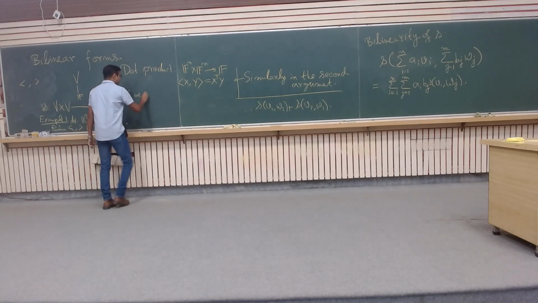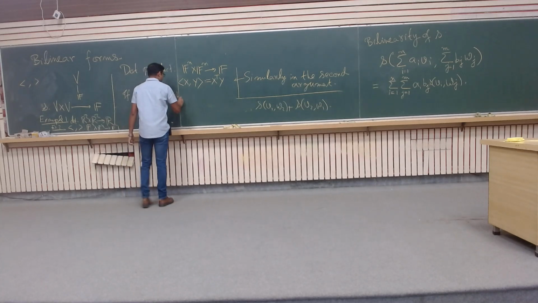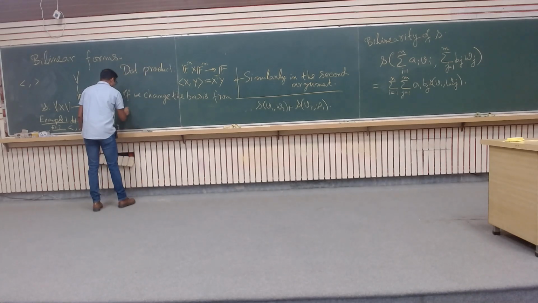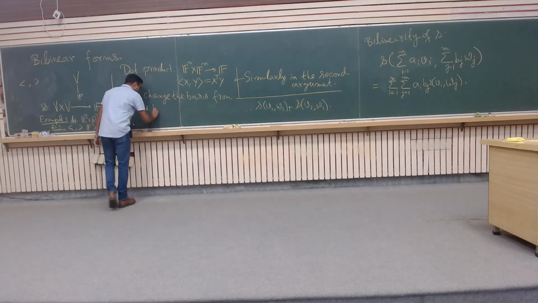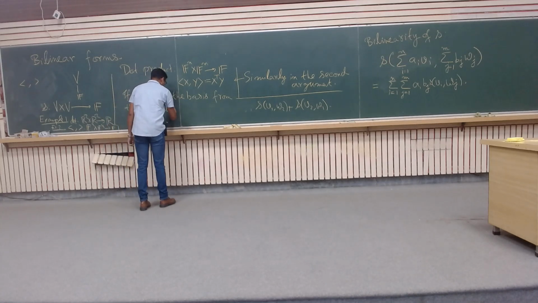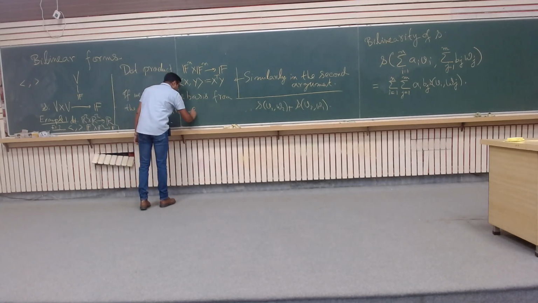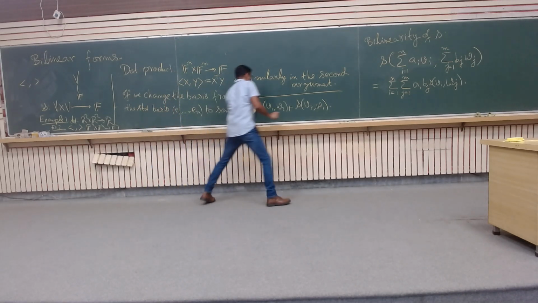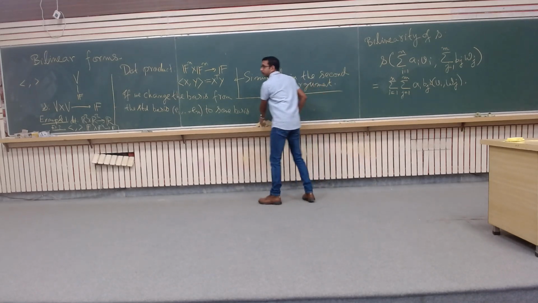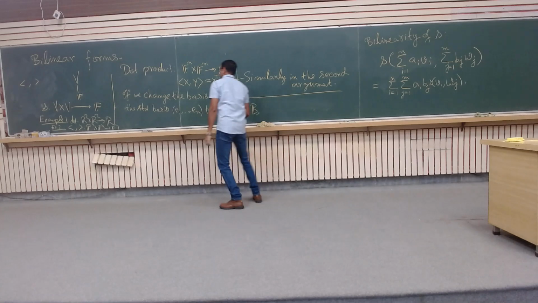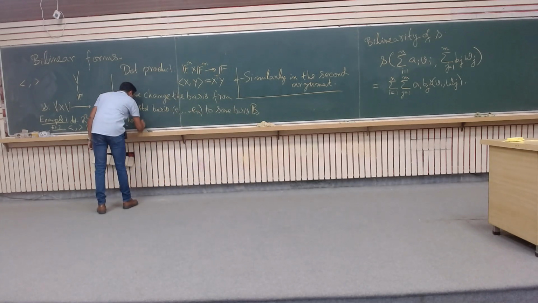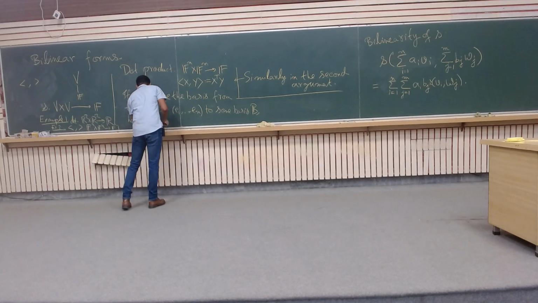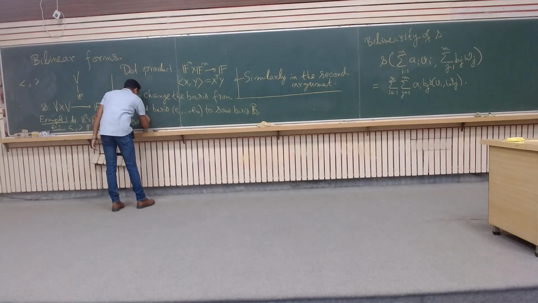If we change the basis from the standard basis, E1 dot dot dot En, to some basis B, how is the dot product represented with respect to that?